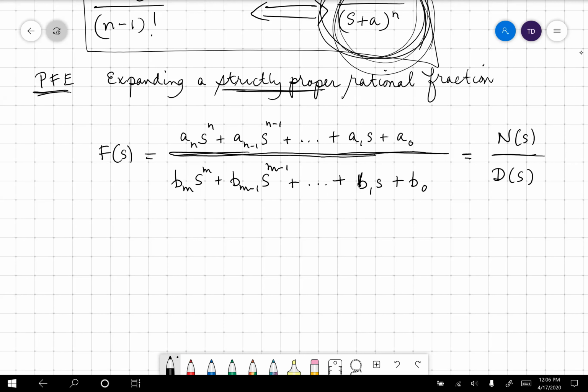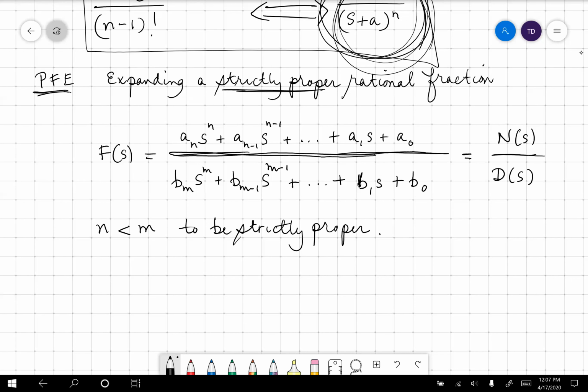We said one of the things we're going to want to do is ensure that this is strictly proper. So for this to be strictly proper, it means that n must be less than m. The order of the numerator must be smaller than the order of the denominator. That was one thing we said.